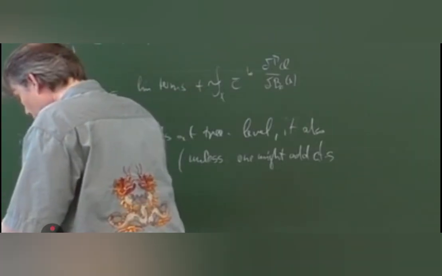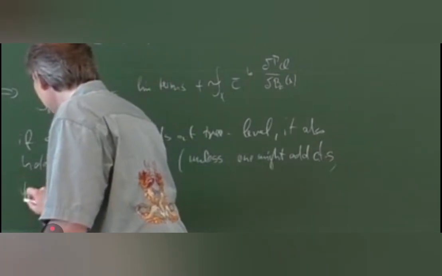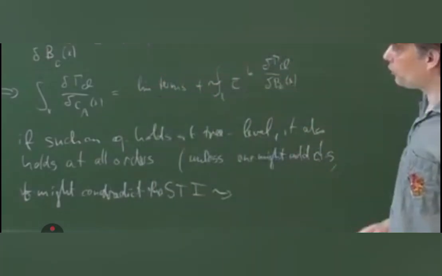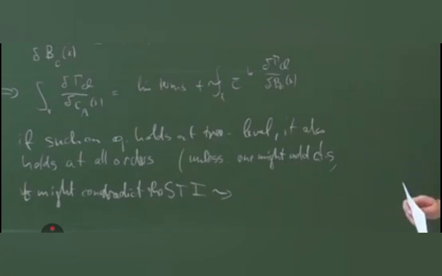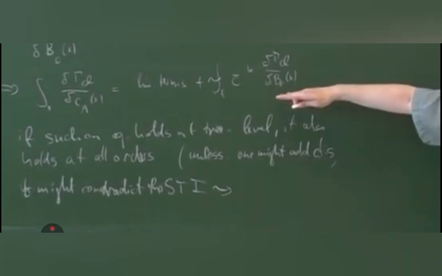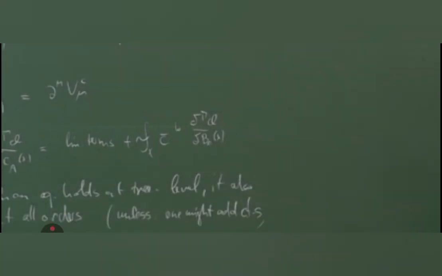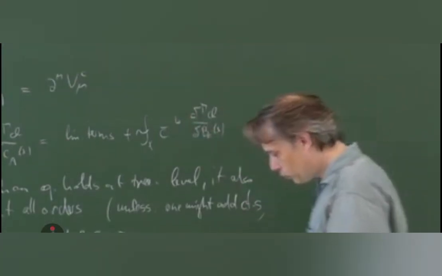So this is one possibility, and it might contradict the Slavnov-Taylor identity. So in principle, one should prove that this equation is not in contradiction to the Slavnov-Taylor identity, because that is really a defining feature of our theory. If it would contradict the Slavnov-Taylor identity, then we would have to add counter terms which are in agreement with the Slavnov-Taylor identity, but which ruin this equation. But that is not the case.